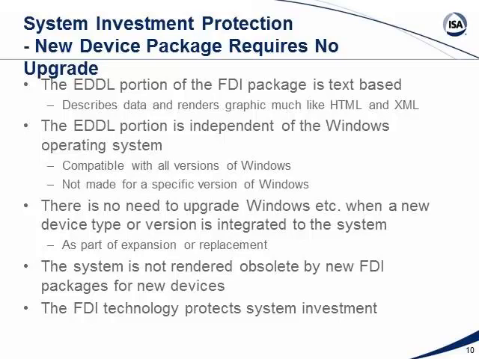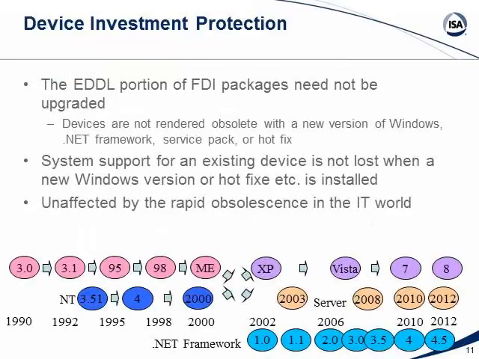Here is the device investment protection when I'm talking about the Windows versions. If you had a device based on a 32-bit Windows operating system, then you got a wonderful new computer. Not all of those wonderful things you had attached to your old computer worked on the new one.